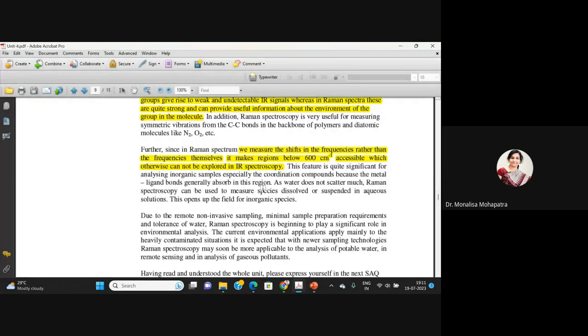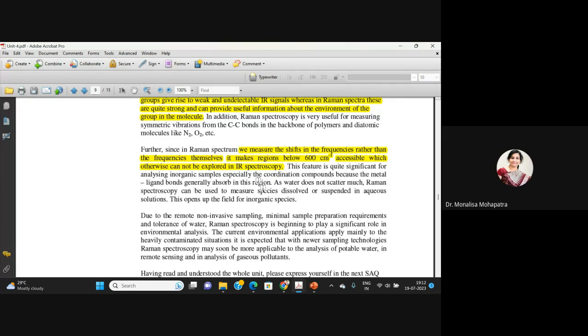For these things, if you see a book, Molecular Spectroscopy Manual, the complete book is on Raman spectroscopy and IR spectroscopy. If you have studied MSc already, you will see in a particular chapter or module, you will have 2 to 3 units or maximum 4 units on each spectroscopy.